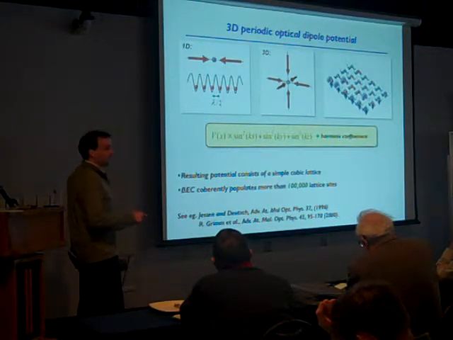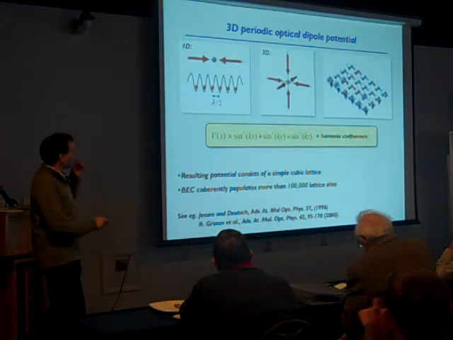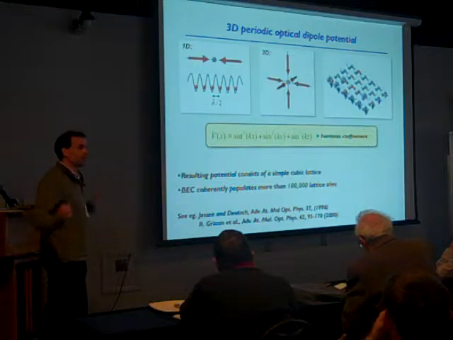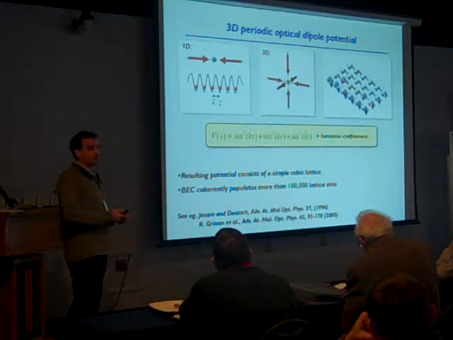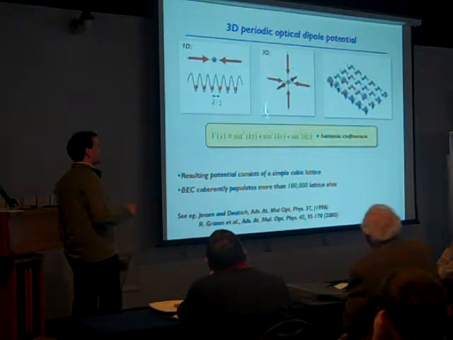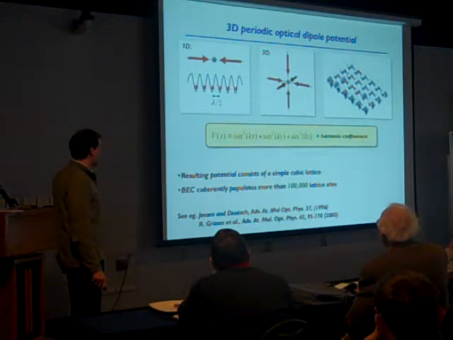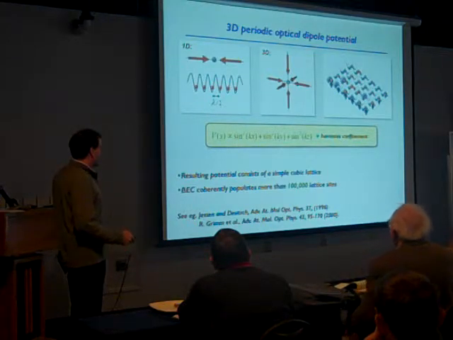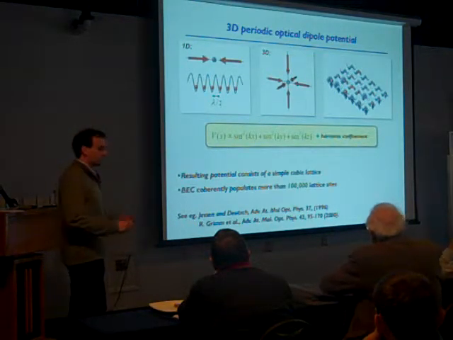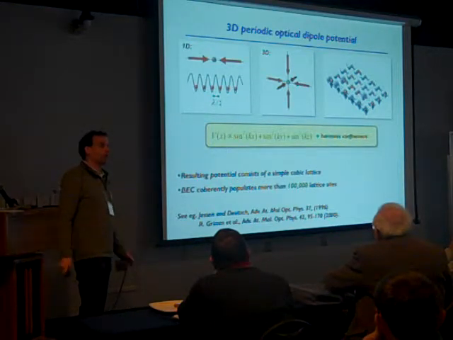At the end of the day, we can have lattices in such a system. And that's what we do. We create these potentials, and we then load a Bose-Einstein condensate into these potentials, and we can get a situation where we have up to a few atoms per lattice site, for example, and can do experiments with it. It's actually quite amazing. The BEC is really split up over all lattice sites.